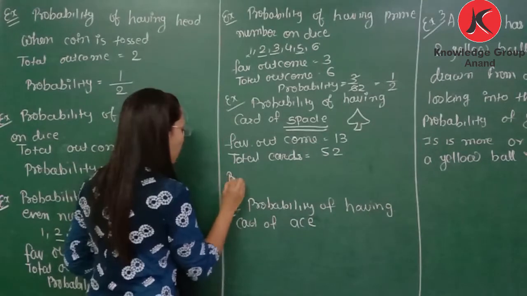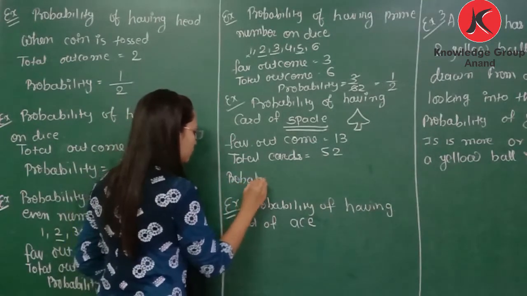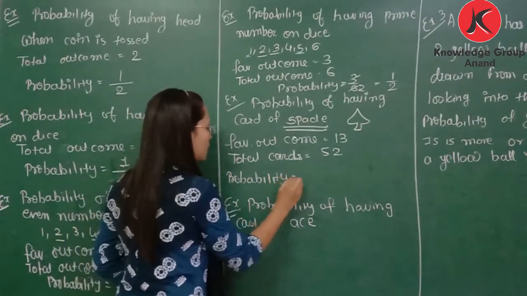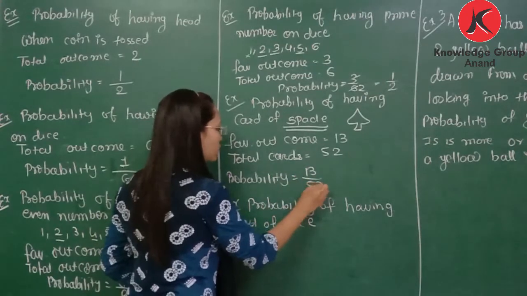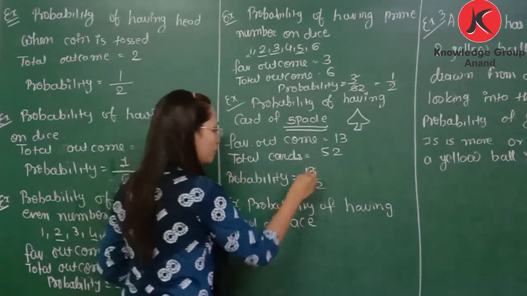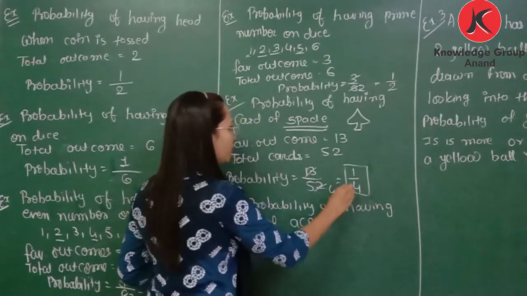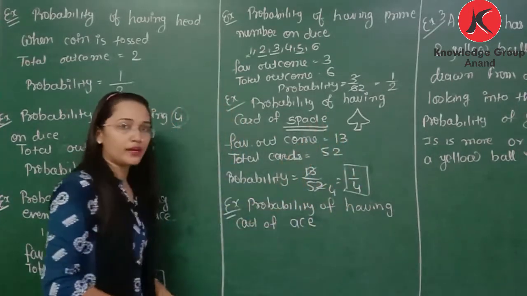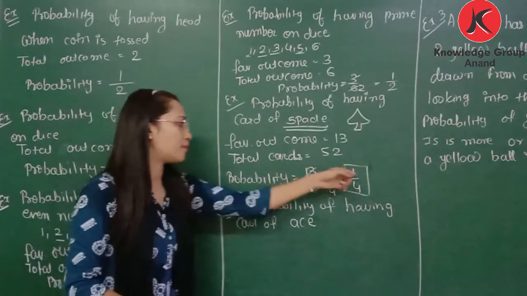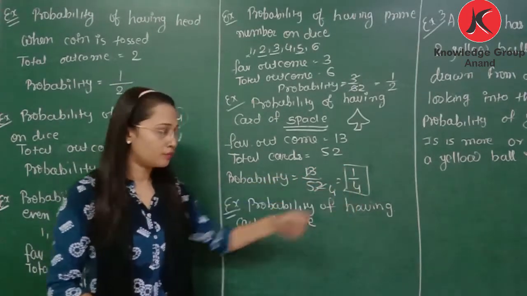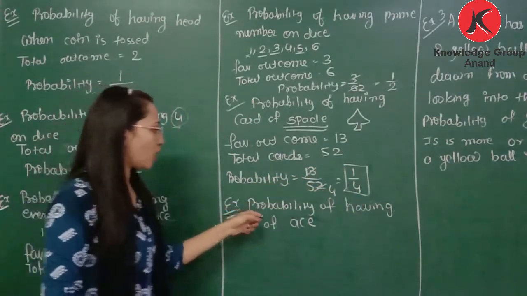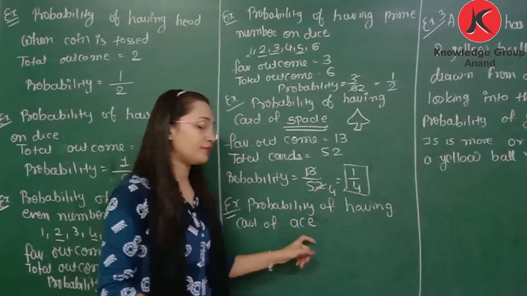So we can write probability is equal to 13 by 52. You can cut the common factor. 13 fours are 52, so it is 1 by 4. So the probability of having a card of spade from the group of cards is 1 by 4. Clear? 1 by 4.